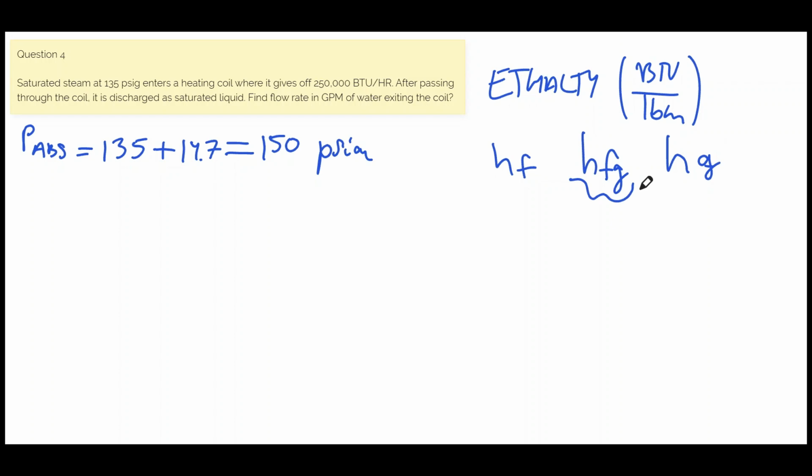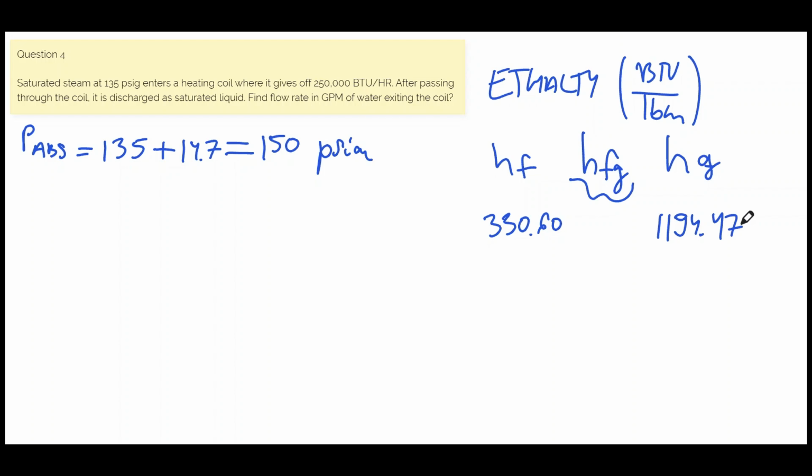In our case, for 150 psi, our liquid is going to be at 330.60 BTU per LBM, and our gas is going to be 1194.47 BTU per LBM.